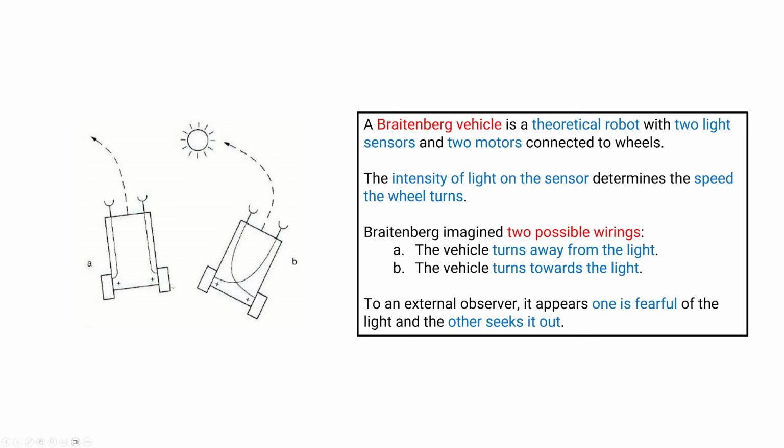You can think of that as the right wheel traveling further than the left wheel, and that's going to cause the robot to turn to the left, as the diagram indicates here. More intensity on the right wheel will cause it to turn away from the light. If we cross them over instead, so now the more intensity is coming from the left sensor but is still driving the right wheel, and the lower intensity is crossed over to the left, then we're going to again have us turning towards the light in this case, still turning to the left because we're on the other side now, but we'll be turning towards the light.